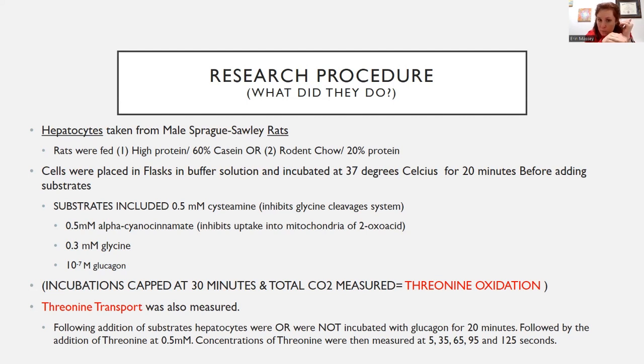So you have your cells, substrates were added, oxidation levels were measured, glucagon was or was not added, and then threonine was added. Then the concentration of that threonine to measure transport was measured at intervals of 5, 35, 65, 95, and 125 seconds.